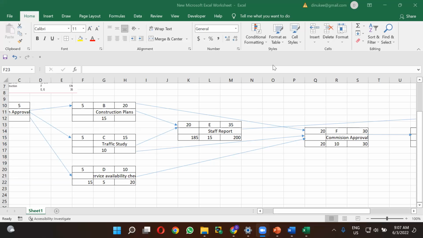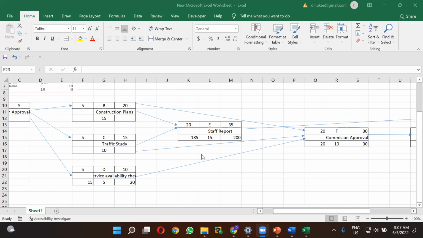One arrow is coming from the F activity and another arrow is coming from the E activity. Therefore, there are 2 late start times. As we are doing a backward pass calculation, you have to choose the lowest value as the late finish time, right?